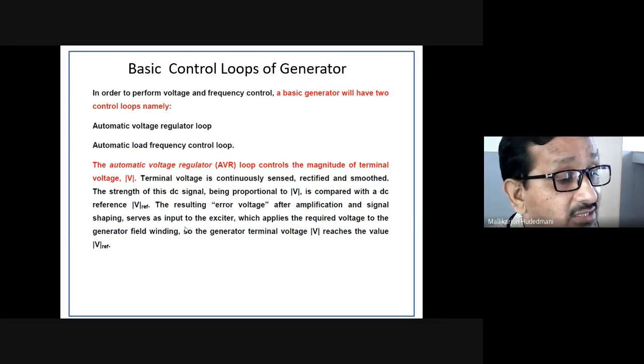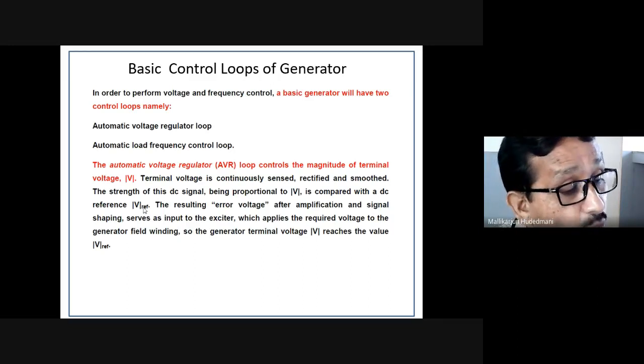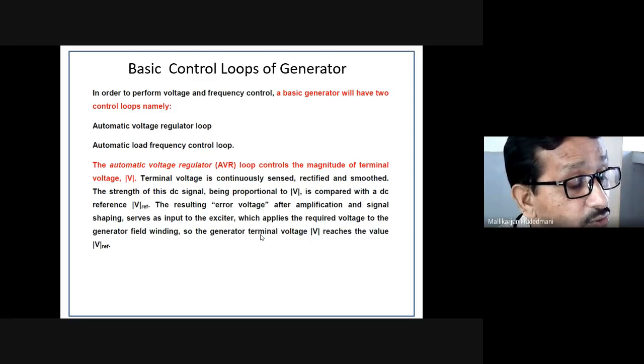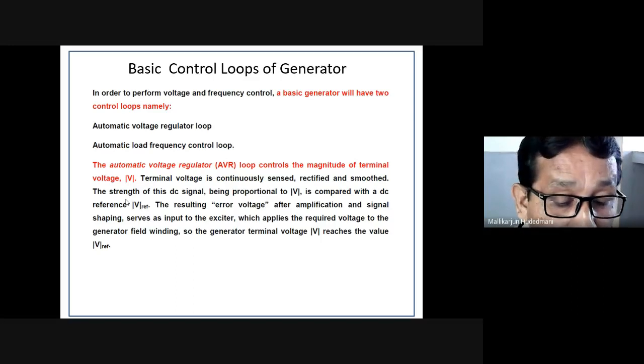Like that, the set point of the required terminal voltage and the measured line voltage from the generator, using circuitry, are compared. The comparison result may be that both are equal, the stimulus is 0, and the terminal voltage is as usual to continue.